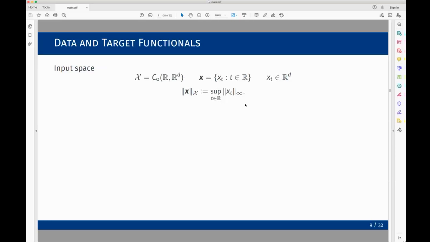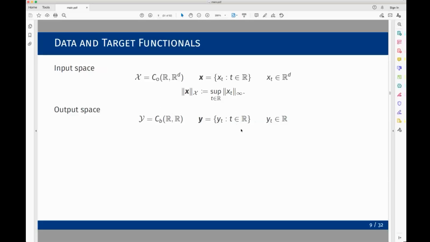Because it is a Banach space, we can introduce the sup norm for this space. For the output space, without loss of generality, we assume it is one-dimensional, so it is a bounded mapping from the time variable to a scalar value.